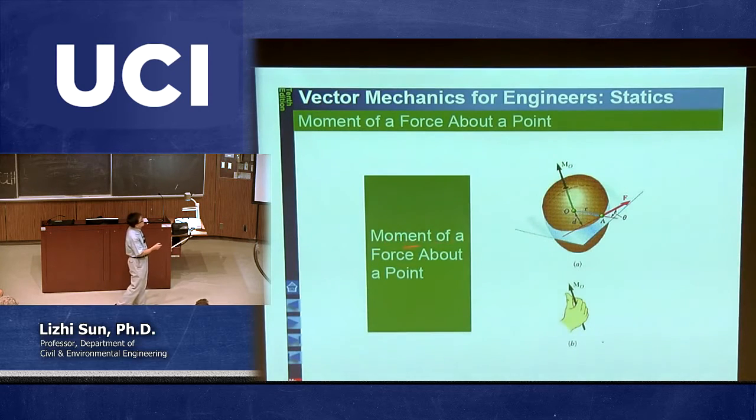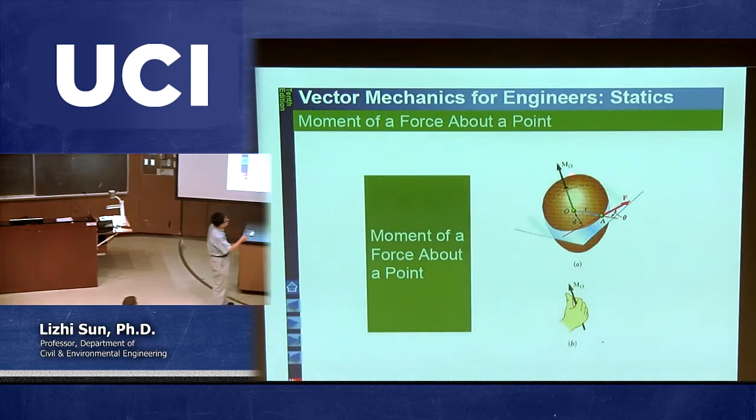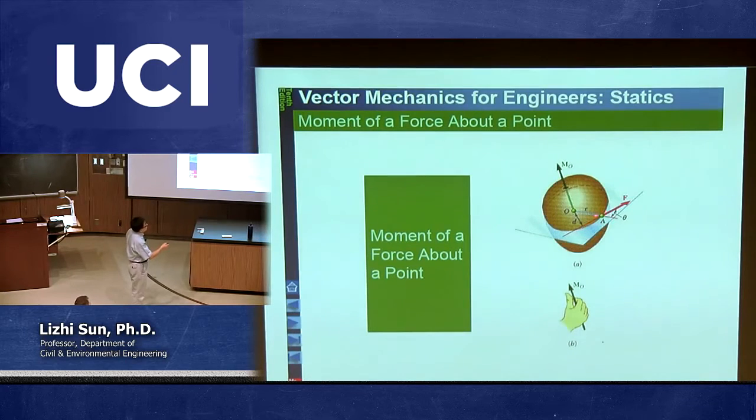The first one is a moment of a force about a given point. So for any three-dimensional problem, when you have a force acting anywhere inside or on the surface of a rigid body, once we know this force, if we were asked to calculate the moment of this force about any other point, point O, for example, then this is what we call the moment of a force about a point.